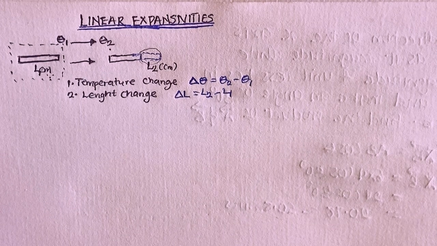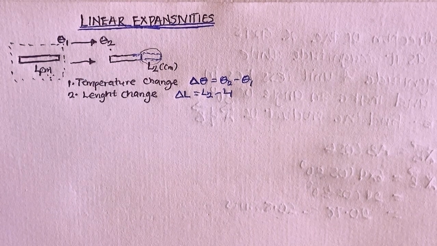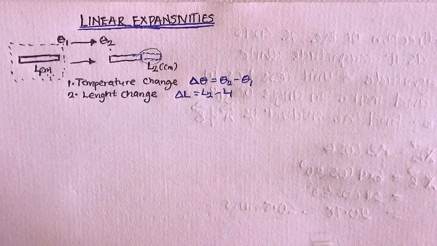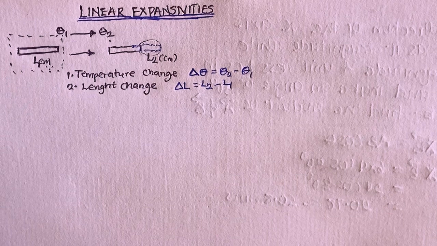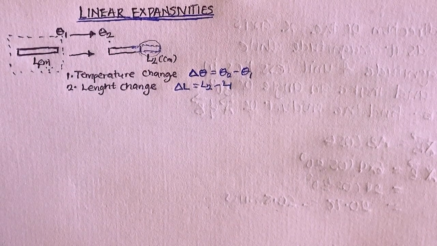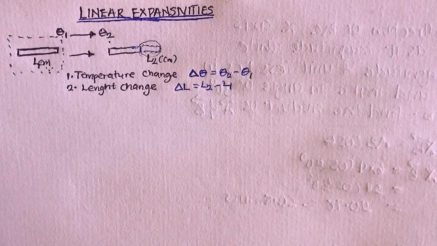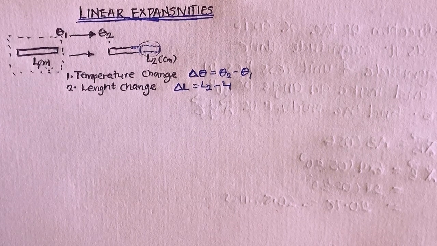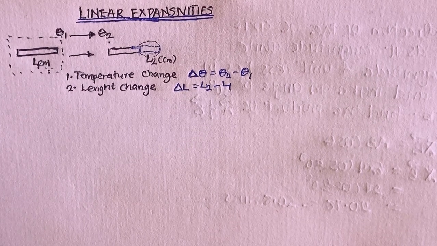Linear expansivity is defined as the fractional increase in length of a substance when there is an increase or rise in temperature. What I mean is that whenever there is a rise in the temperature of a material, there will be a fractional increase in its length. Such increase in length is known as linear expansivity, right?